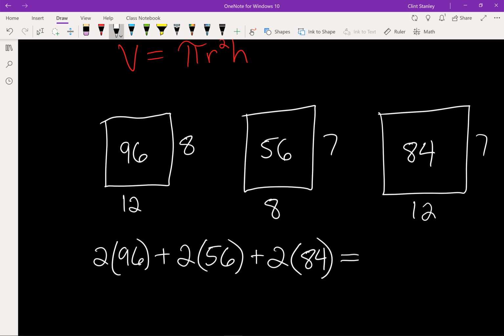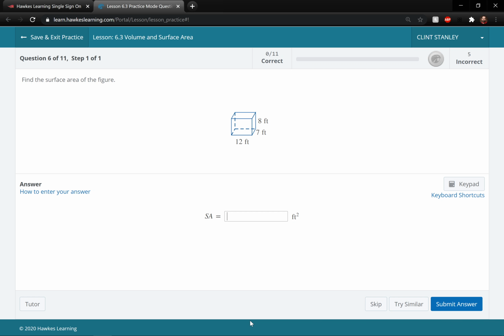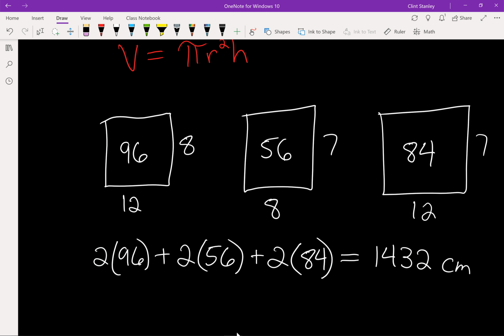And if you look at the formula, that's kind of what the formula looks like. So we get 1,432. I think it was centimeters, so it'd be centimeters cubed. Let's check that. Oh, feet. And it's surface area, so it's not even cubed. It's squared, right? So feet squared. Sorry about that.